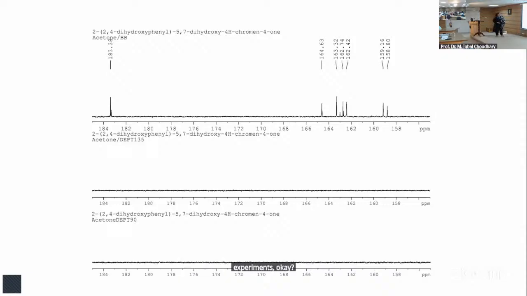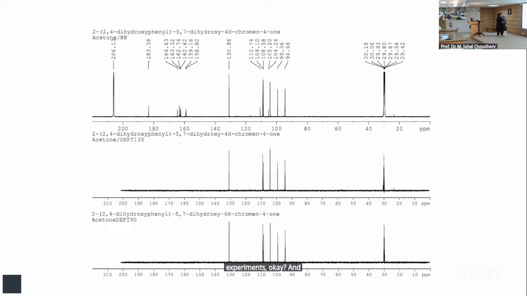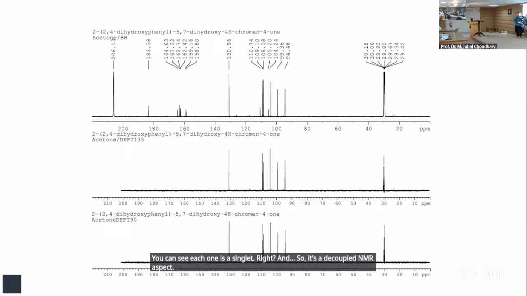And all are decoupled spectra, right? These are carbon chemical shifts only. They are not coupled. You can see each one is a singlet. So it's a decoupled NMR spectrum, all these three.